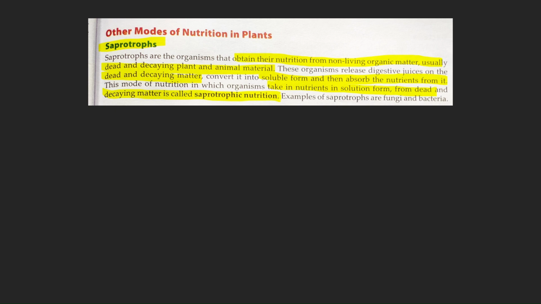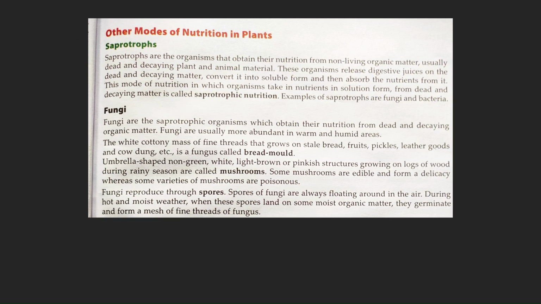Examples of saprotrophic nutrition are fungi and bacteria. We are going to see fungi and bacteria. So what are fungi?